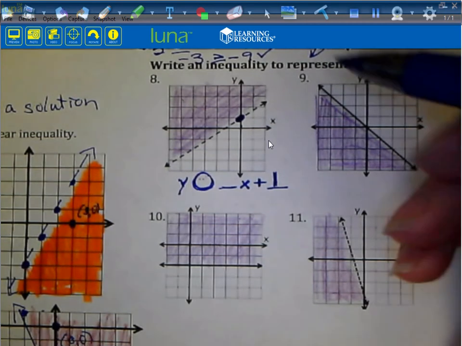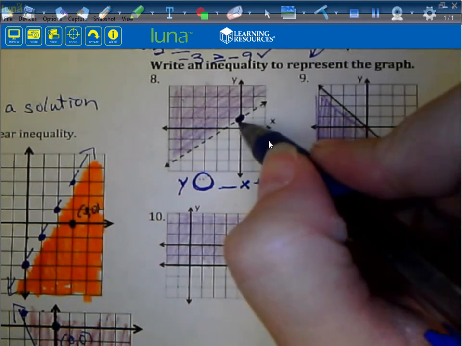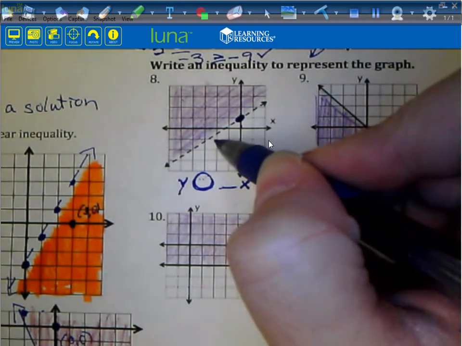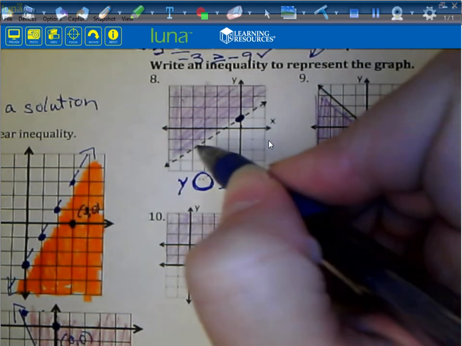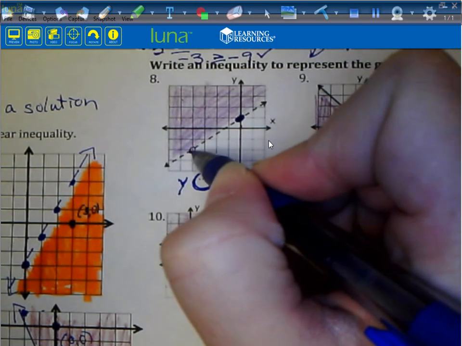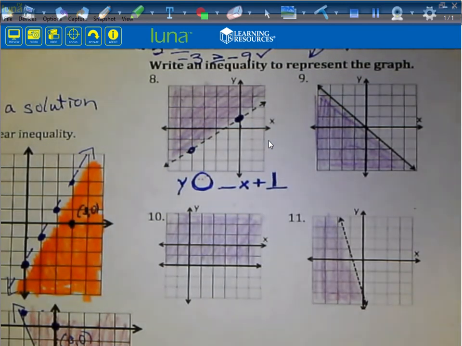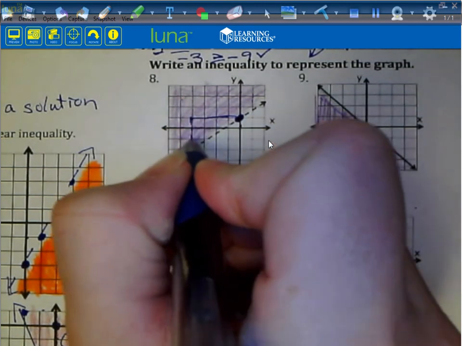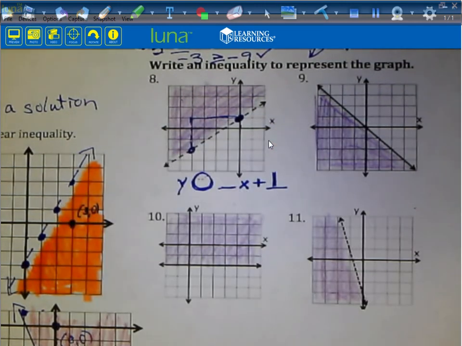And now we can count our slope. To count our slope, I'm going to look and see if I can find a spot where it really intersects, like right at the corner of a square. And I think that right here, sometimes it's kind of hard to tell, but I think that right here it really intersects. And ultimately, if I go a little bit too far, I can always reduce down my fraction so it's not the end of the world. And I'm going to draw this little triangle out here, and that's going to help me count my rise over run.